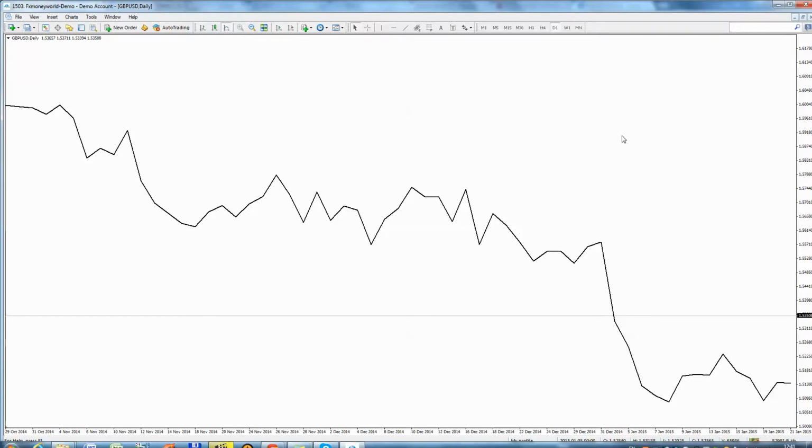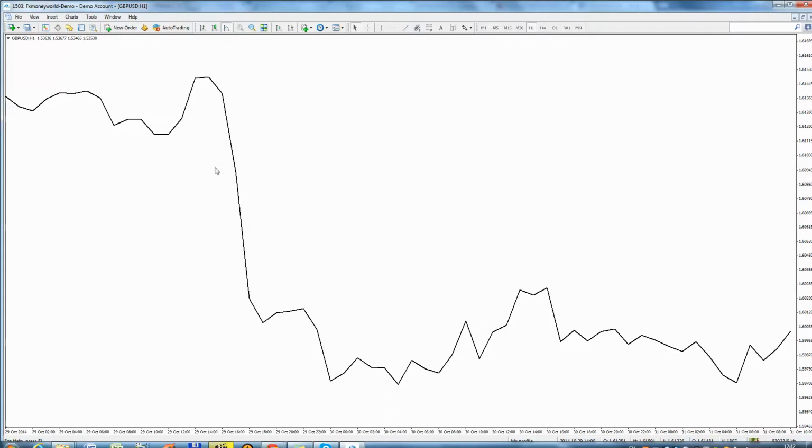But of course you should understand that the close price is not the only thing the price does within its trading period. Within every day, or within an hour, the price moves up, moves down. So it consists not only of the close price.